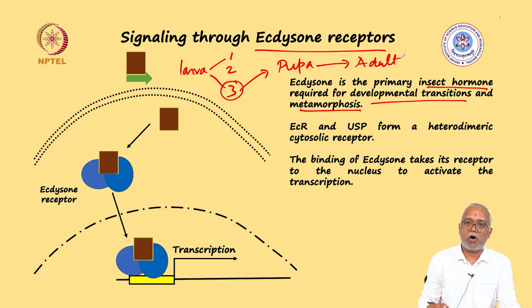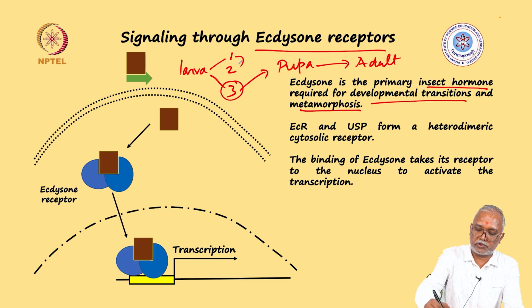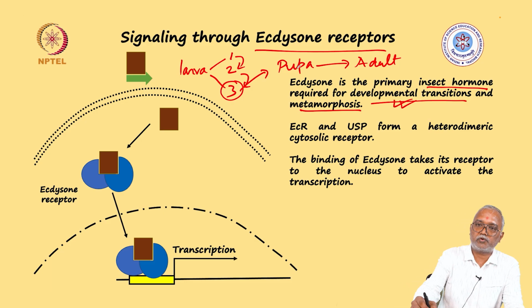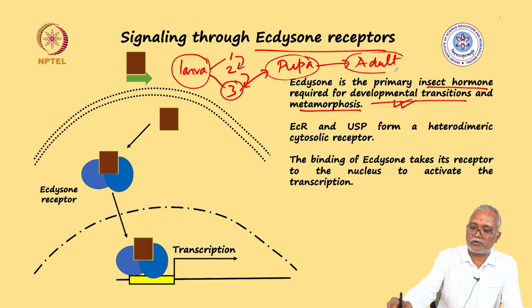So this ecdysone hormone is important for change from one stage of larva to the other stage of larva. This is what is called developmental transition. And then when it moves to pupa, this is like metamorphosis, because the larva looks very different from how pupa looks, and from pupa the adult looks very different.